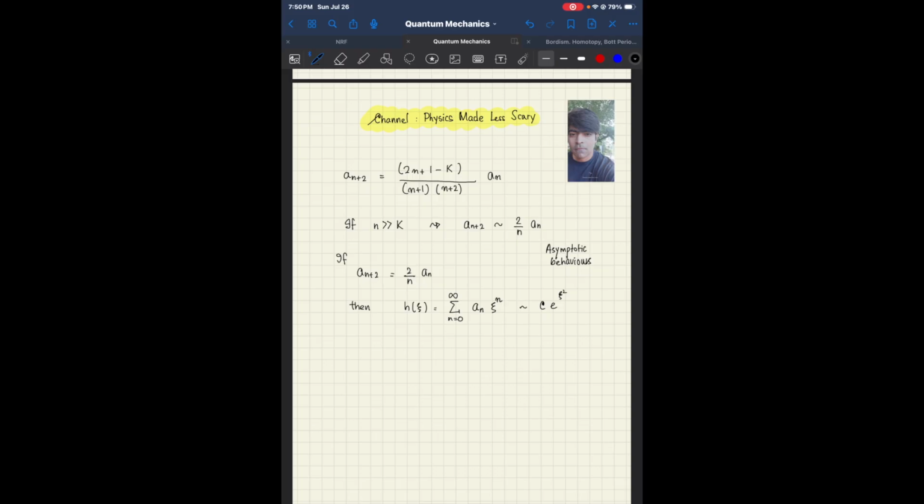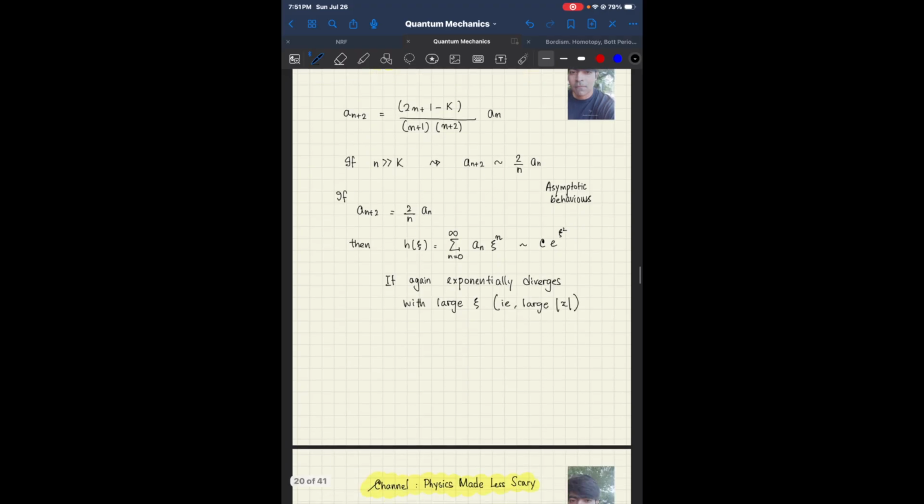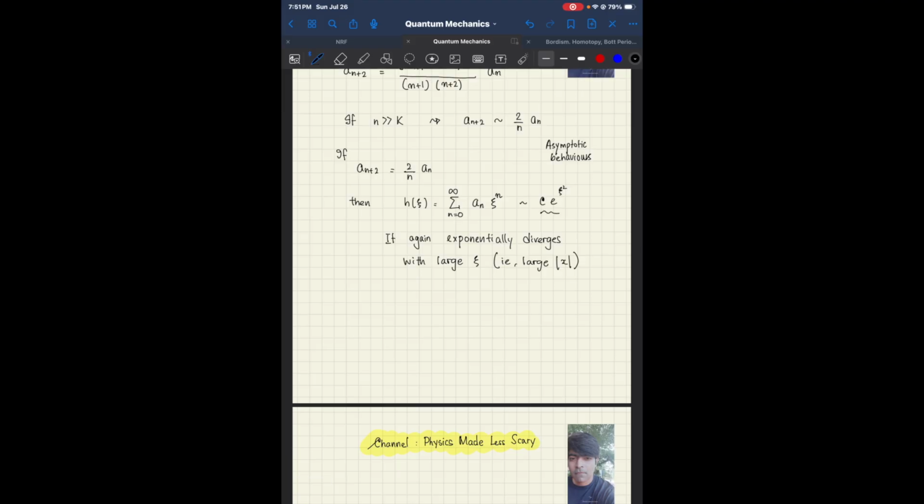I hope you see this. So it again exponentially diverges for large xi, that is large x. Recall that your xi was related to x, right? So this should not be allowed.